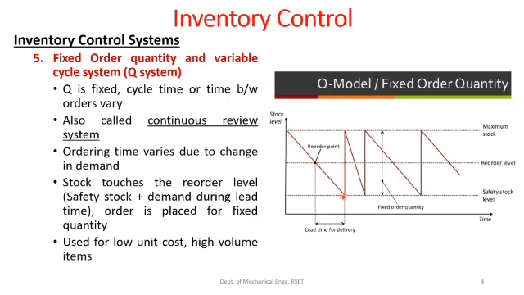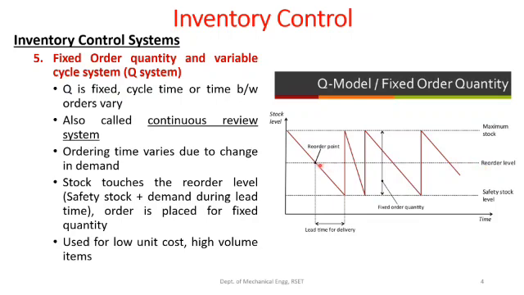So there is a certain amount of consumption happening during the lead time for delivery after reorder. The safety stock plus the consumption of items during the lead time for delivery, when you add these up, you get the level called the reorder level.